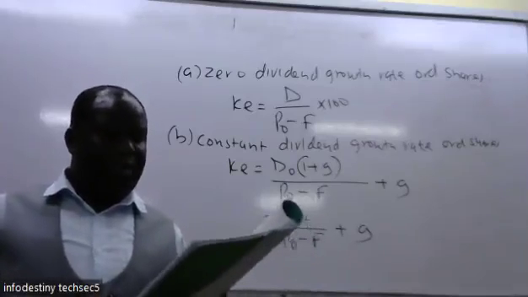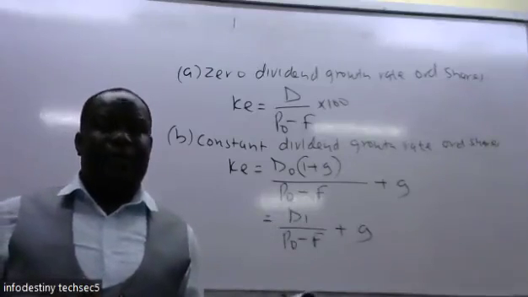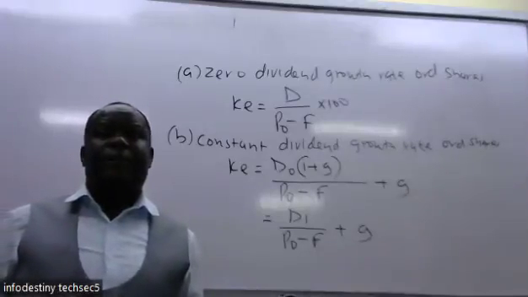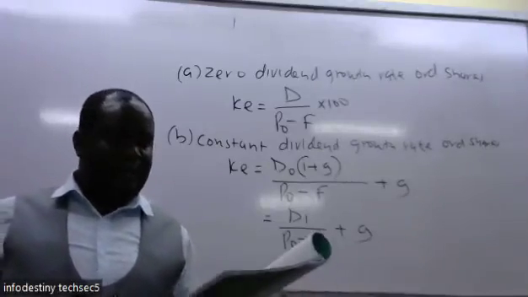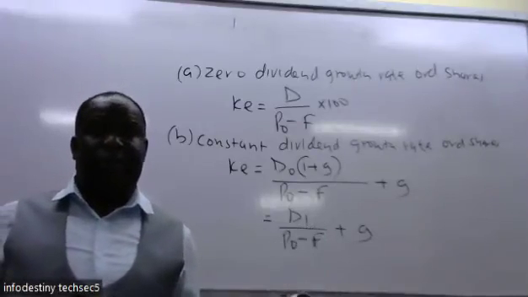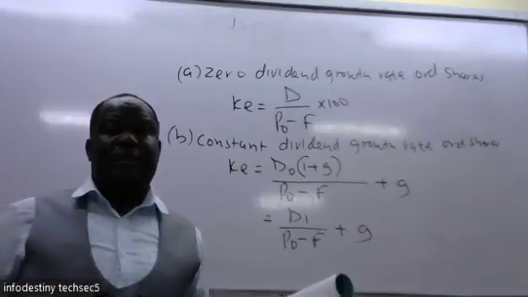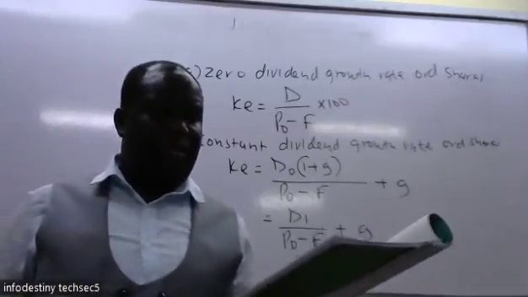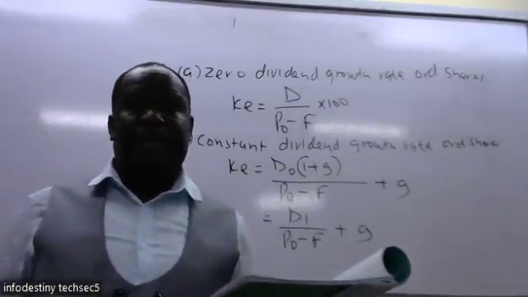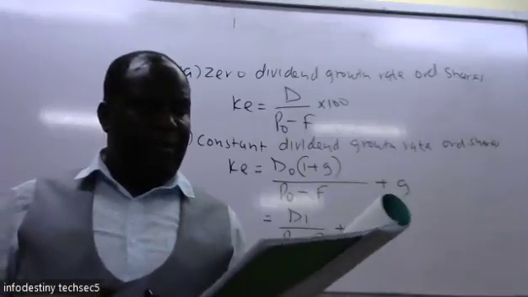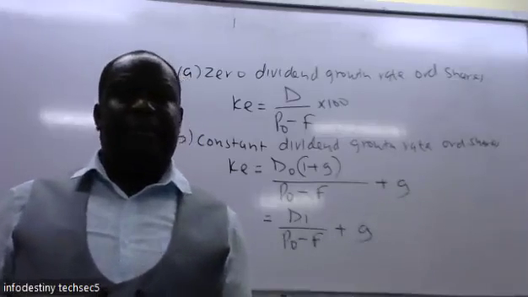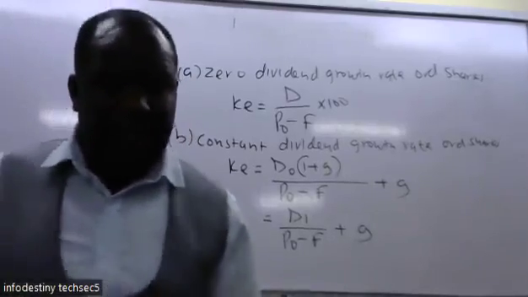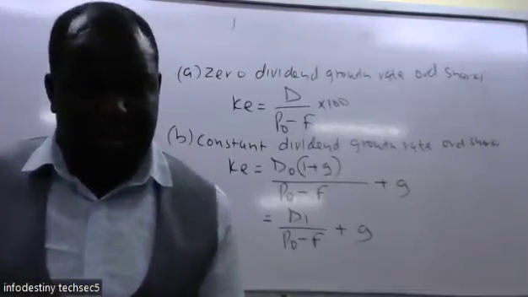the cost of the retained earnings is the same as the cost of the ordinary share, except that there will be no flotation costs.